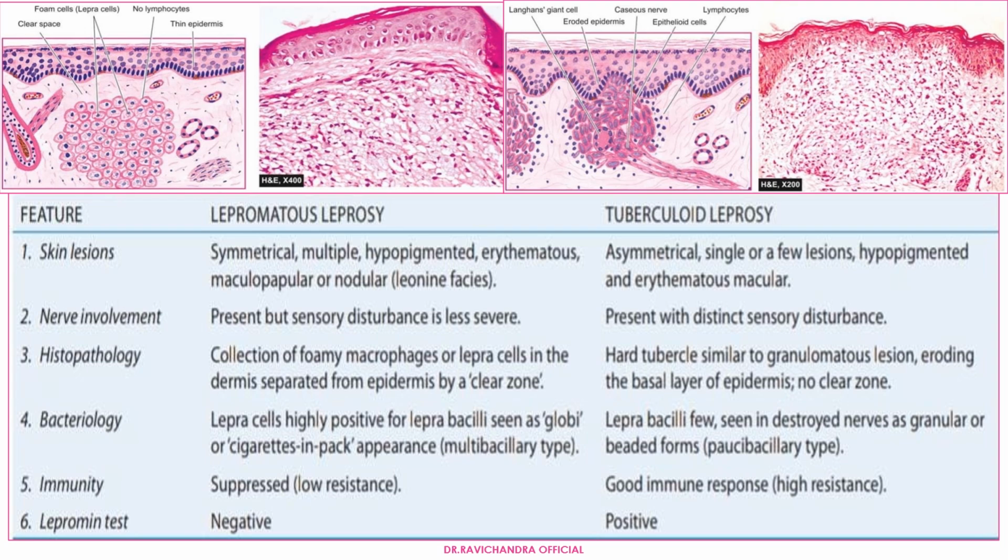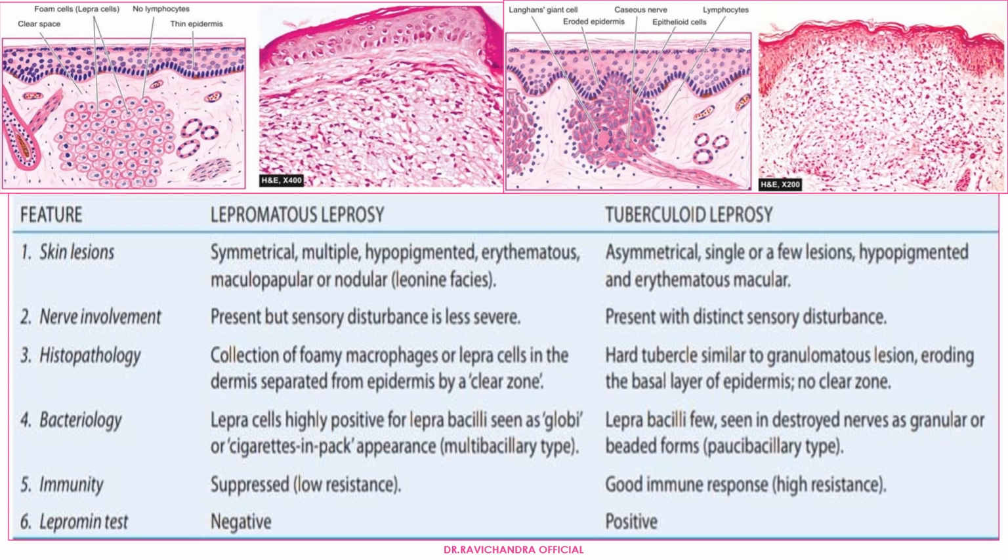Immunity is suppressed and low resistance in lepromatous leprosy. Immune response is good in tuberculoid leprosy, so high resistance. Coming to lepromin test, it is negative in lepromatous leprosy, whereas it is positive in tuberculoid leprosy.